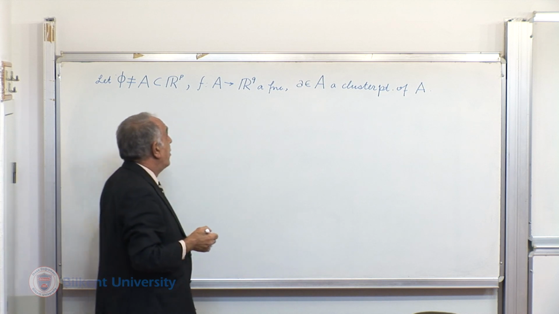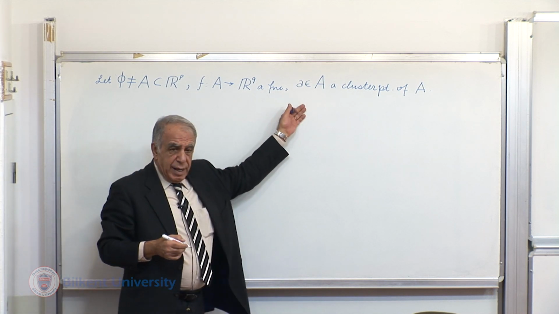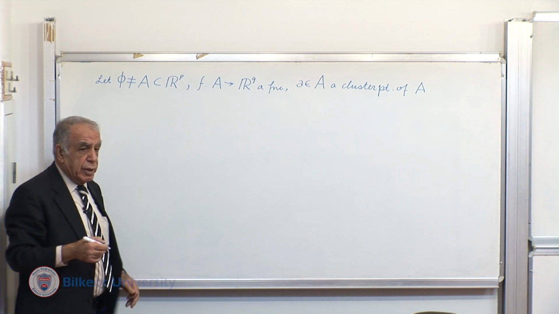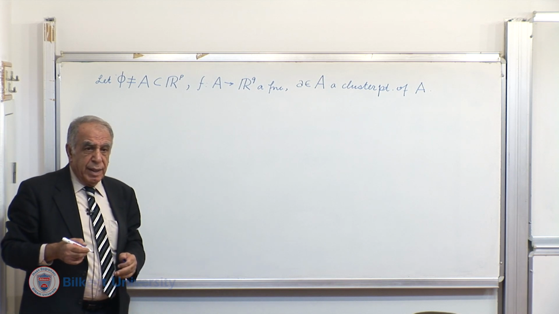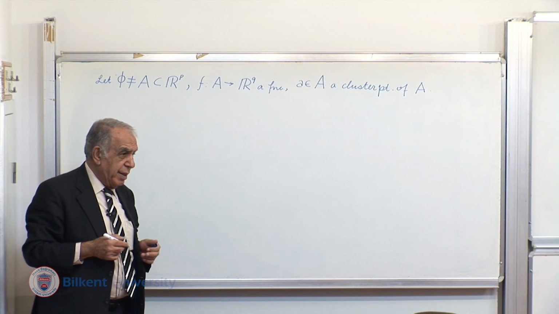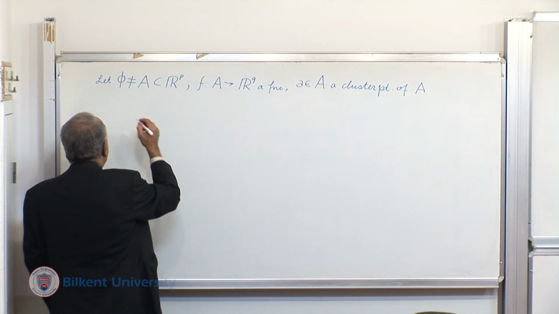Now we wish to define the derivative of f at A. We know how that's defined when p and q are equal to 1, A is a subset of R and f has real values. Now let's reconsider that situation once more.